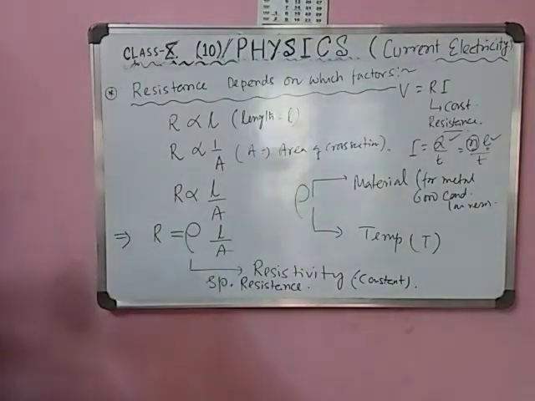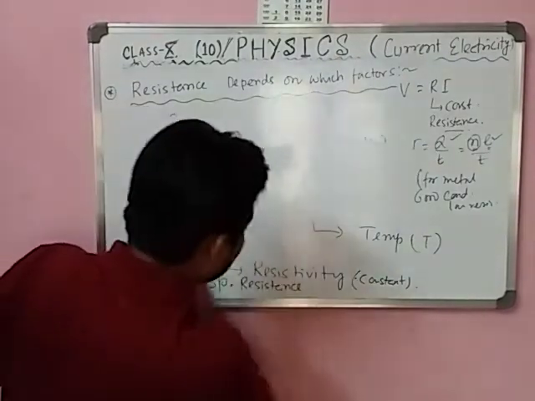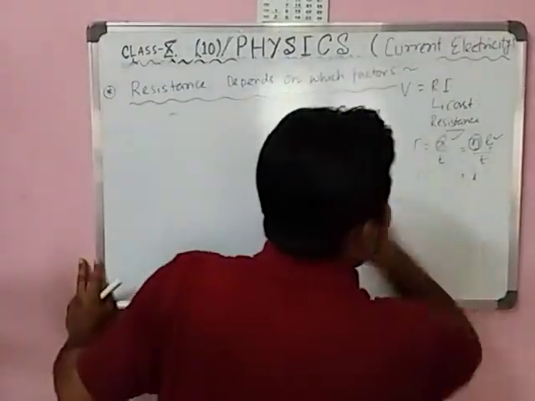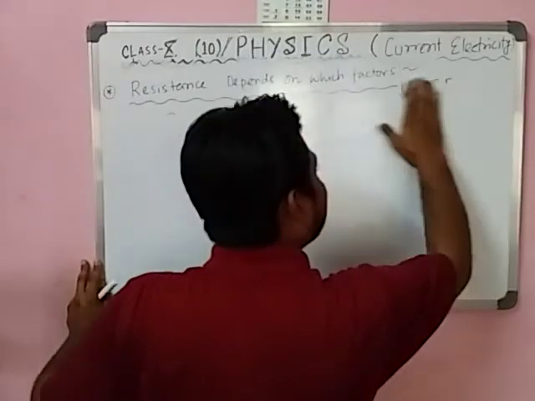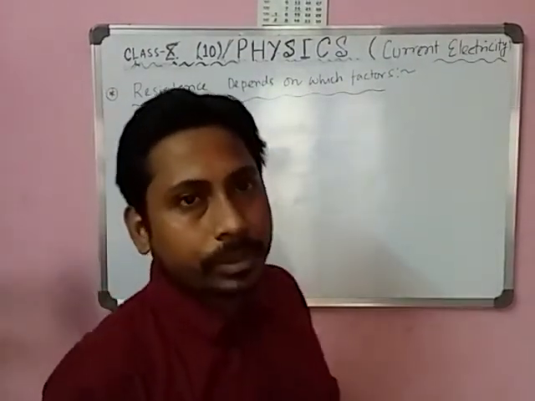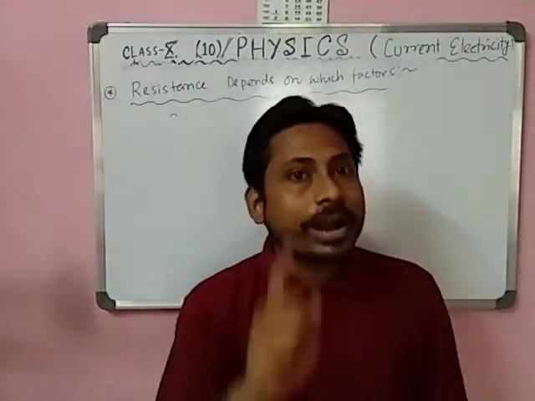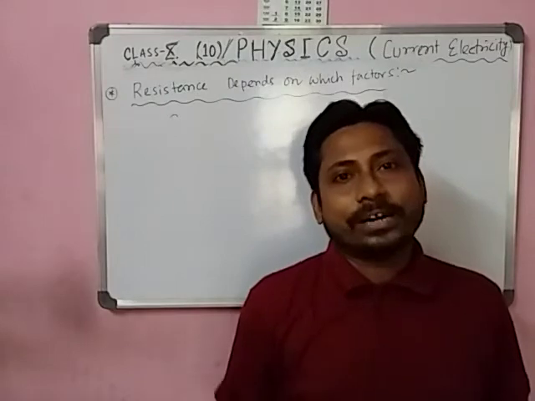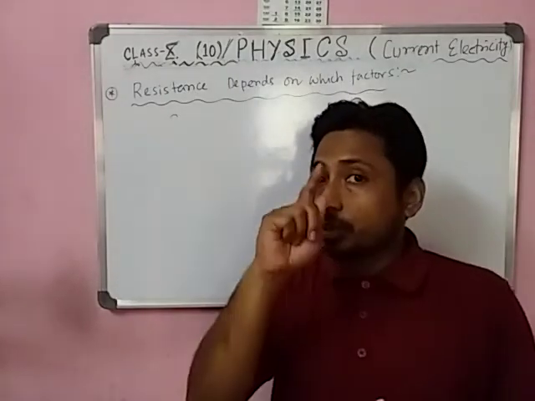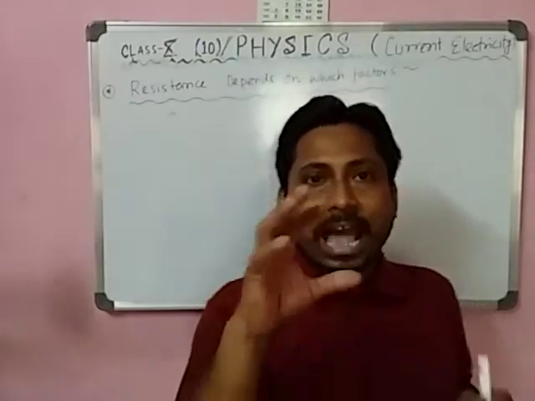Okay, done. Now students, you know resistance also depends on temperature. When I told you about Ohm's law, V proportional to I, V equals RI, I said it holds provided temperature and other physical conditions are constant. So temperature affects the resistance.